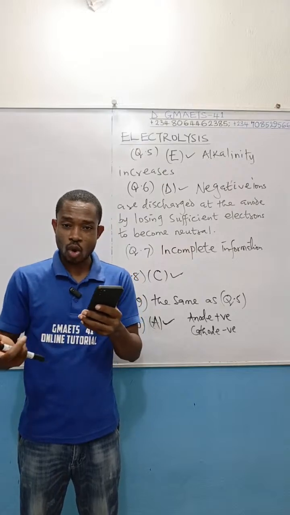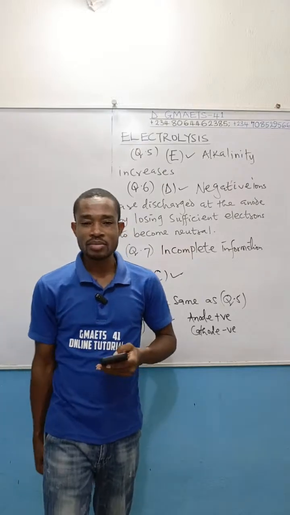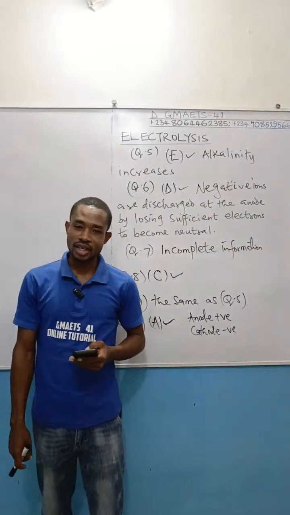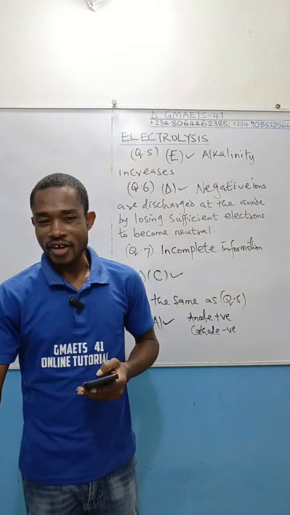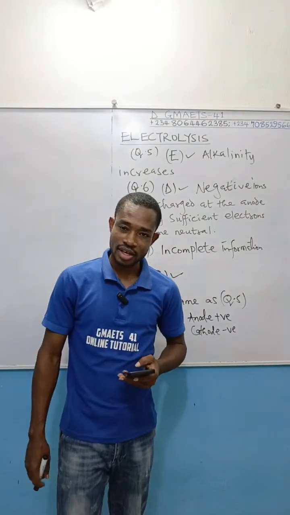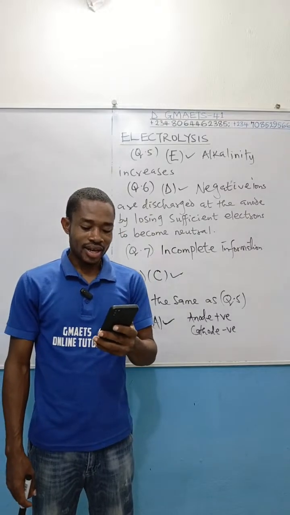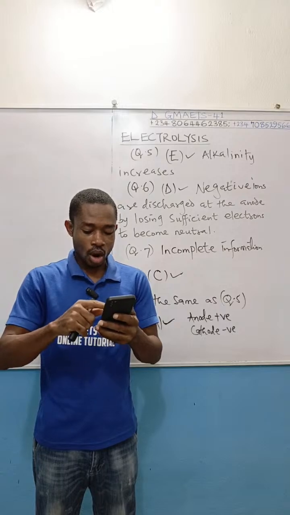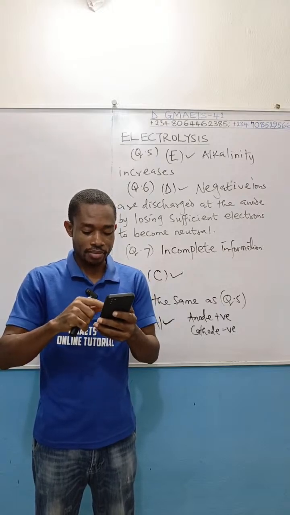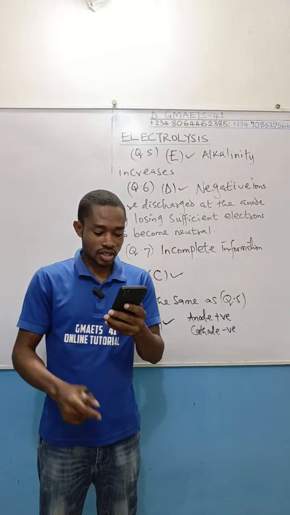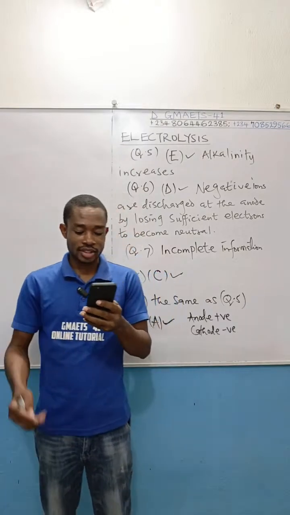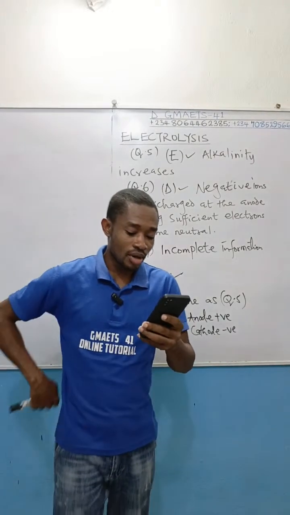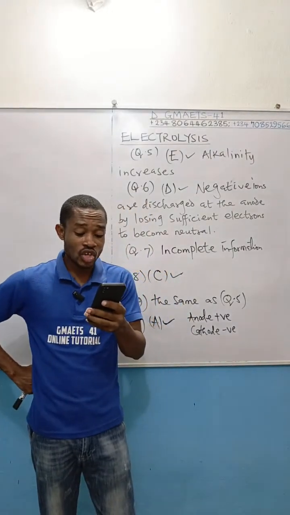It is as if you are removing water from the solution, thereby making what is left kind of acidic. And you know what acid solution does to litmus. Usually, a litmus solution is added. So let us say we don't know the color of the litmus. That's what makes the question even tougher.